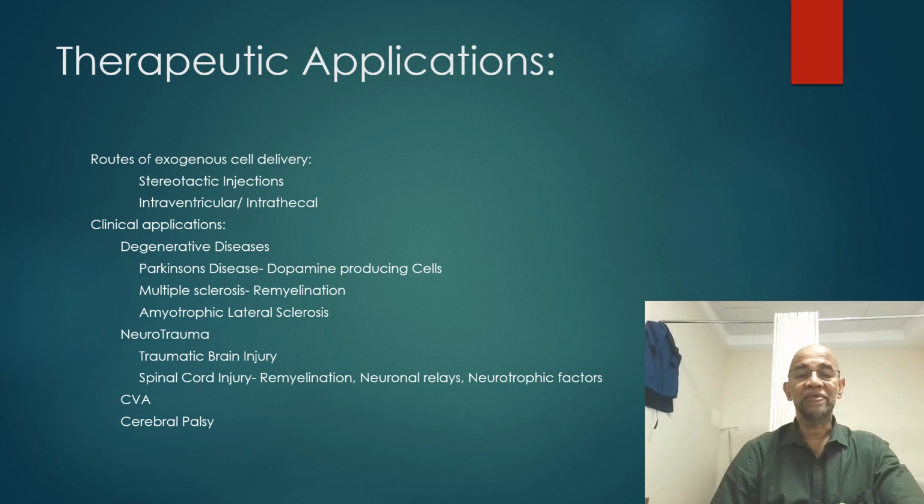In Parkinson's disease, you produce cells which are capable of producing dopamine. In neurotrauma also, there is a major role for stem cells. They have been used in trials in traumatic brain injury.